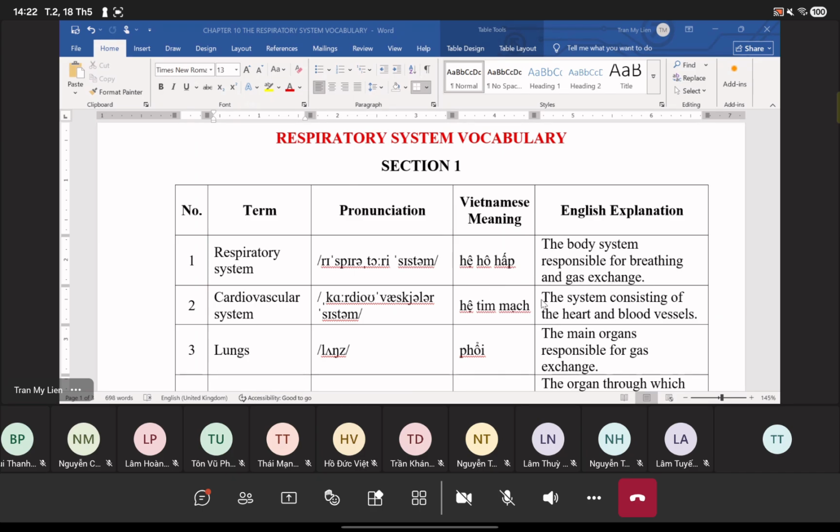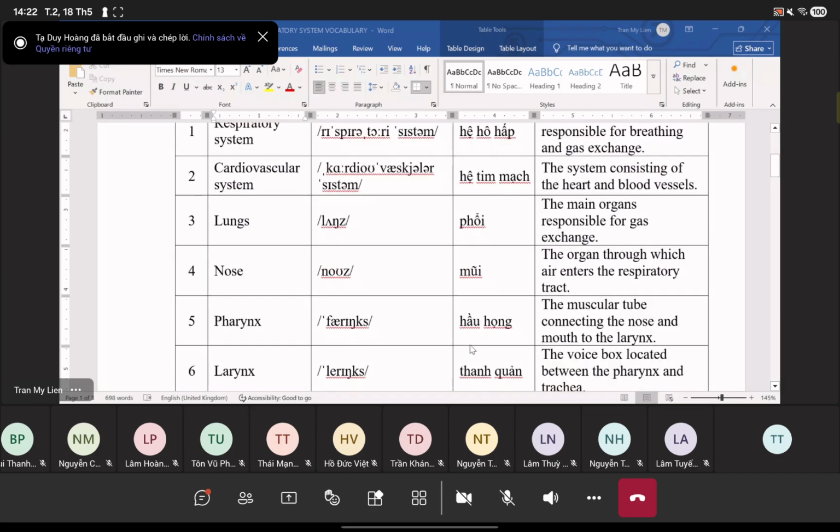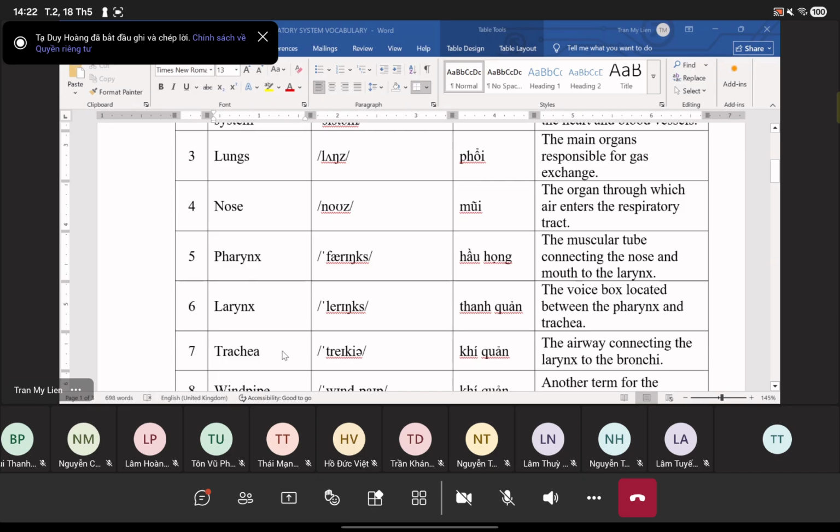Cardiovascular system, we already learned in the previous lesson. The lungs, nose, pharynx, larynx are the main structures of the respiratory system.